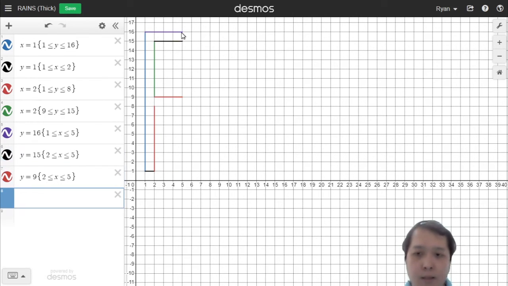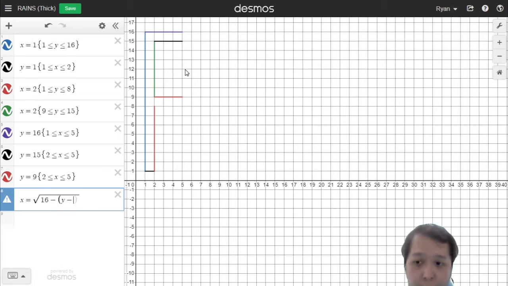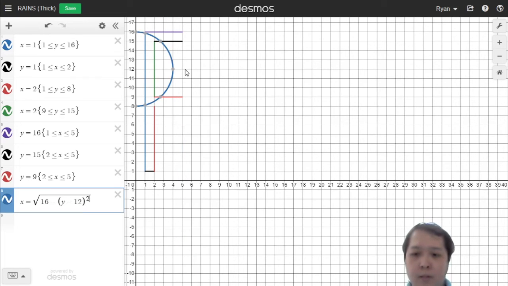Yes, nice. Now the semicircle, the right part only, so it's going to be X, or we can say f of Y, a function of Y. So X is sqrt, the radius is 4, so I'm going to do the outer part first. 16 minus bracket Y, the center of Y will be here, 5, 12, so it's 12, don't forget the square, almost there, that's the right part.